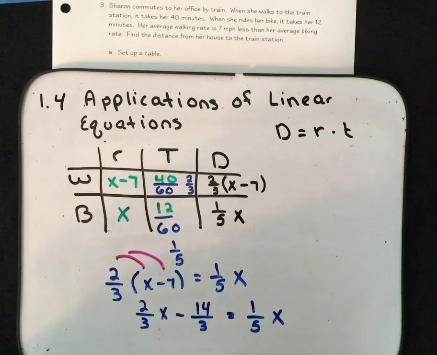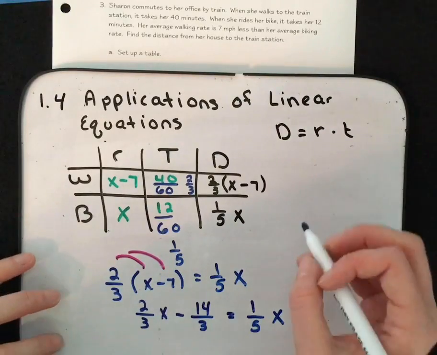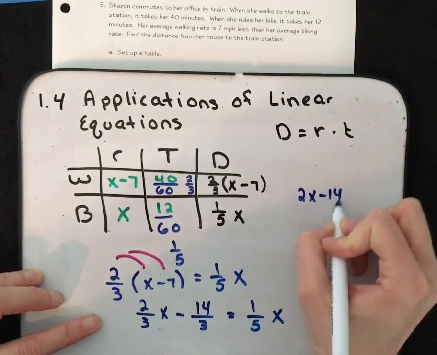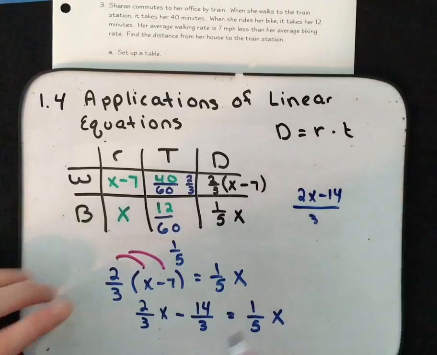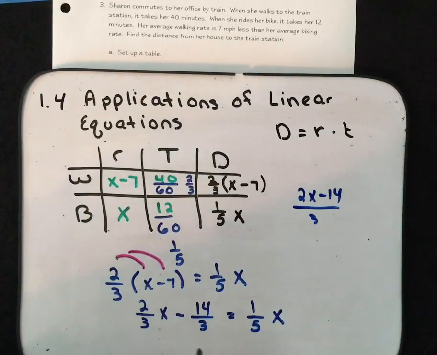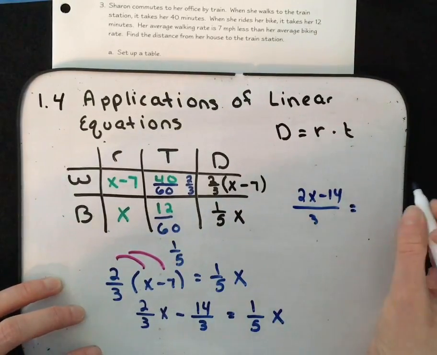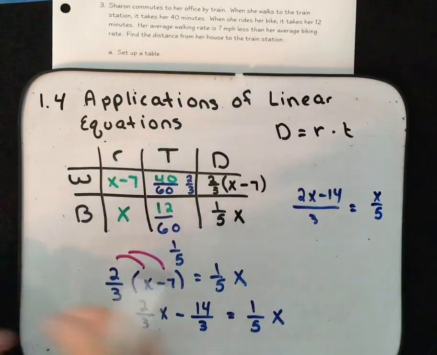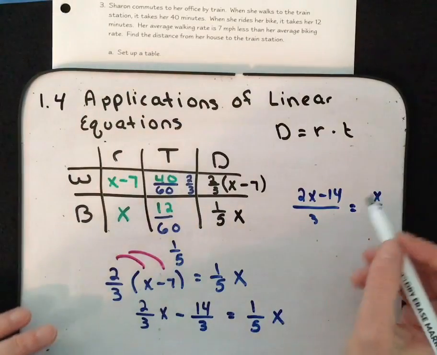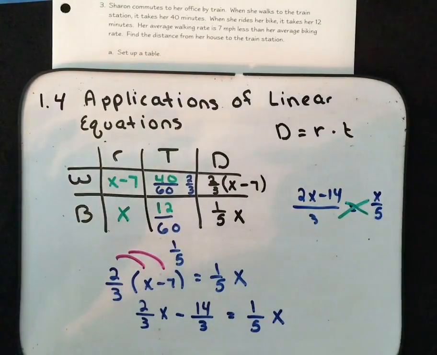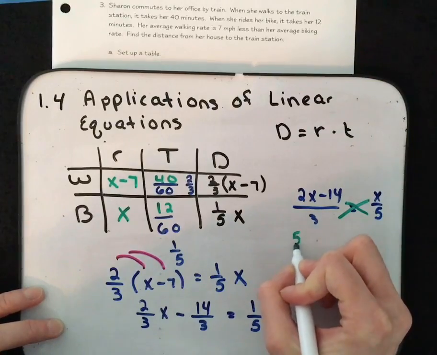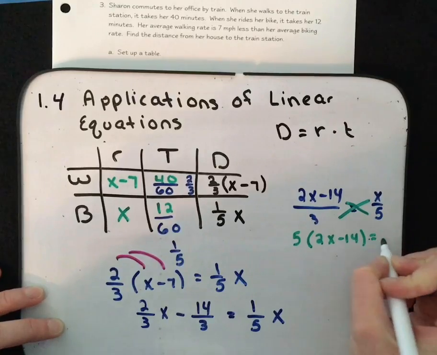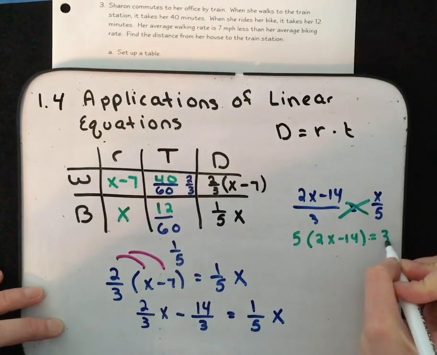Well, if I make this, let me continue over here so you can see, 2x minus 14 all over 3. See how they have a common denominator? So I put the fractions together. That can equal x over 5. And then I can cross multiply. So that gives me 5 times 2x minus 14 equaling 3 times x.